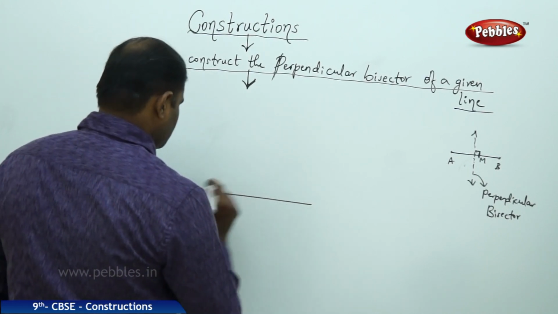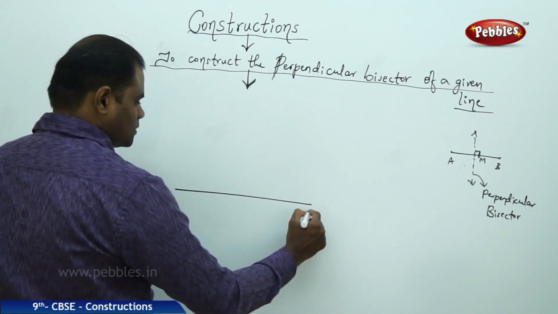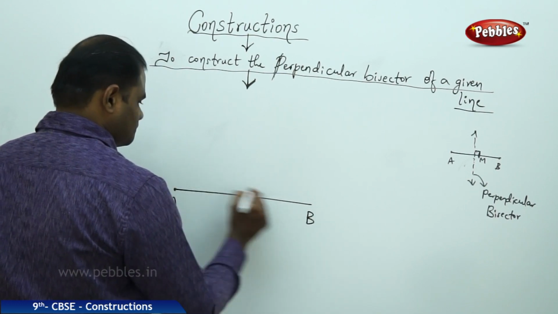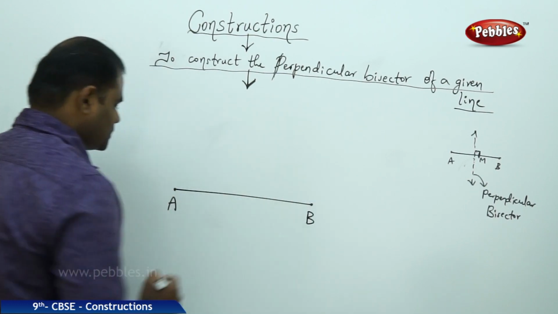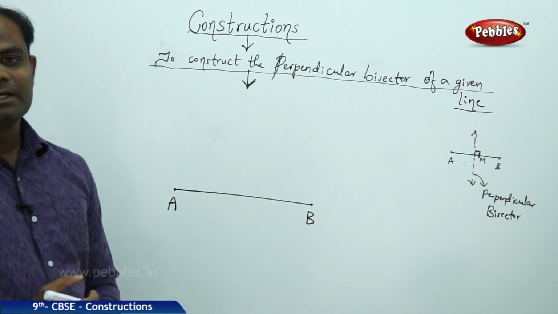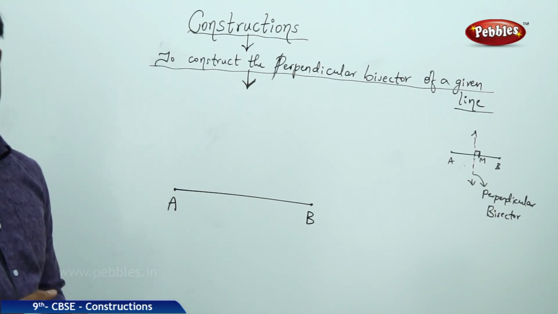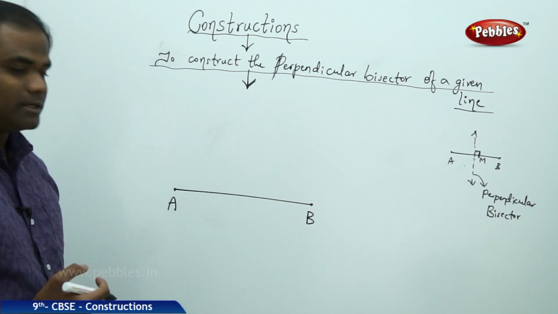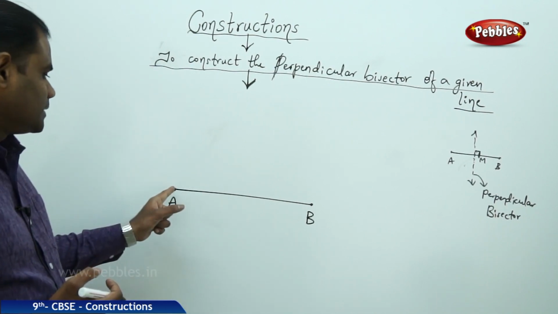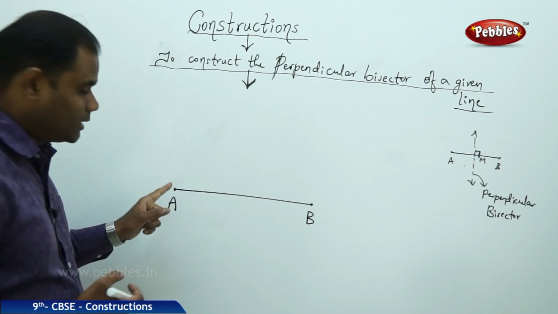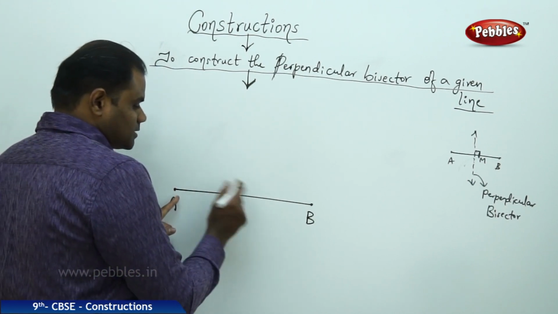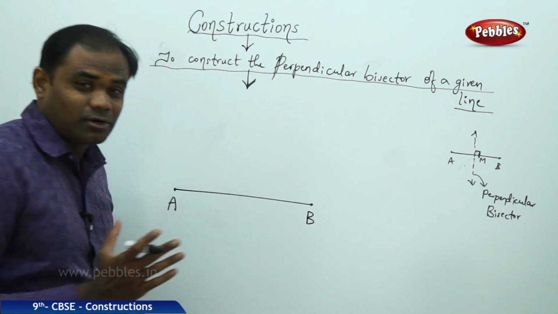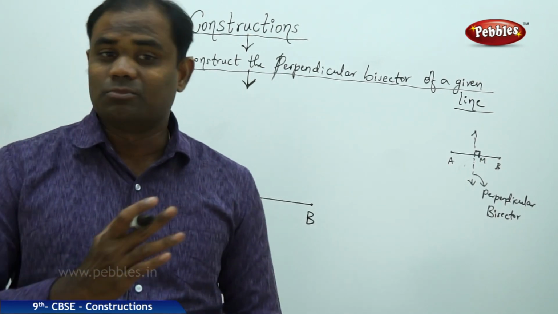I have a line AB which is given, with its endpoints A and B. Now let's see how we can draw the perpendicular bisector. The first rule in the perpendicular bisector is I take the compass at pointer A and then, by fixing the radius, I take the precautionary measure that the radius is more than half.